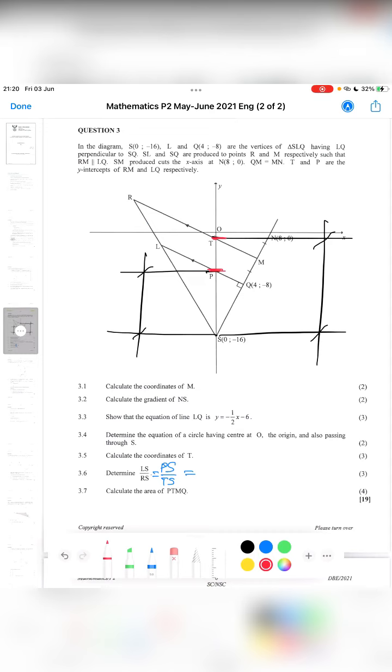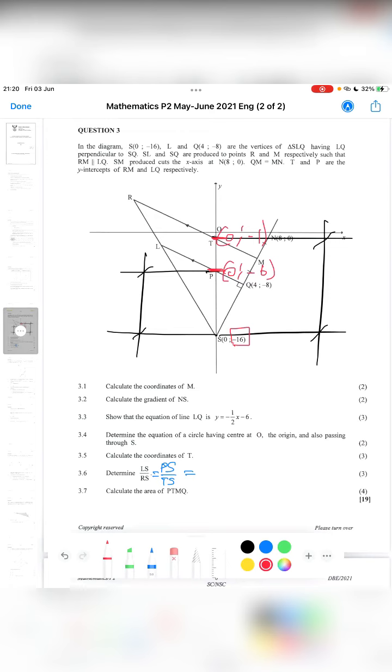So what I was saying is that we know we have a -16. And what was P? The coordinates of P, x is 0, and I think you said y is -6. And then this one, we know we have 0 and again -1.